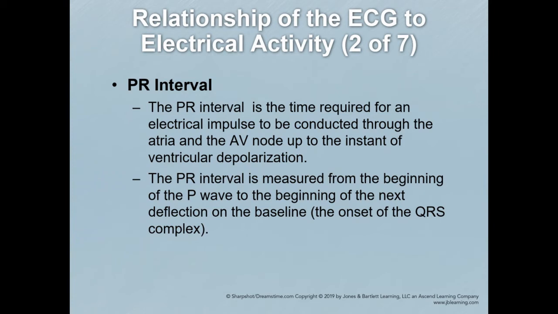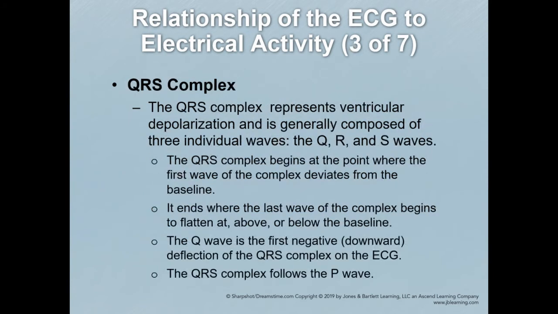We have a PR interval, and that's from the beginning of the P wave to the beginning of the QRS complex. Very important to remember. The PR interval begins at the beginning of the P wave and ends at the beginning of the QRS complex. And the QRS complex is a larger complex, comprised of 3 different waves: a Q wave, an R wave, and an S wave, or ideally it would.